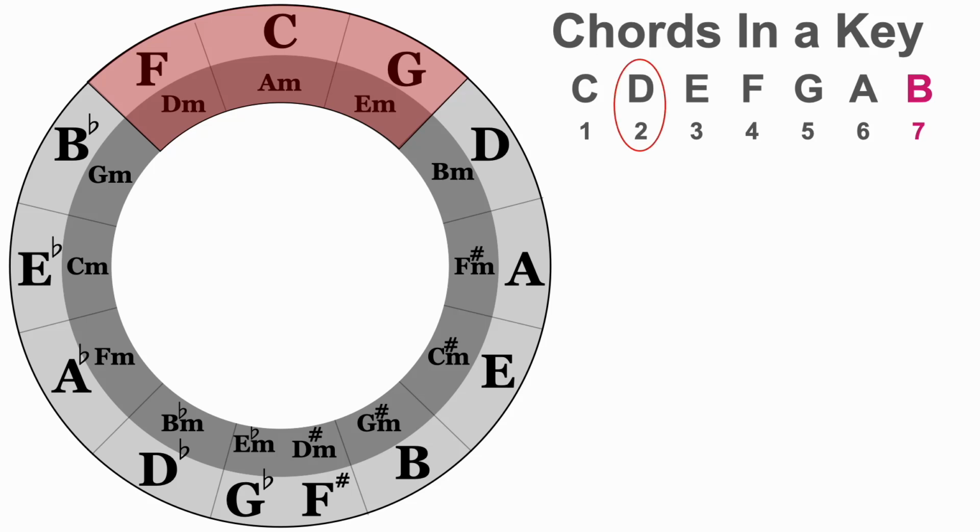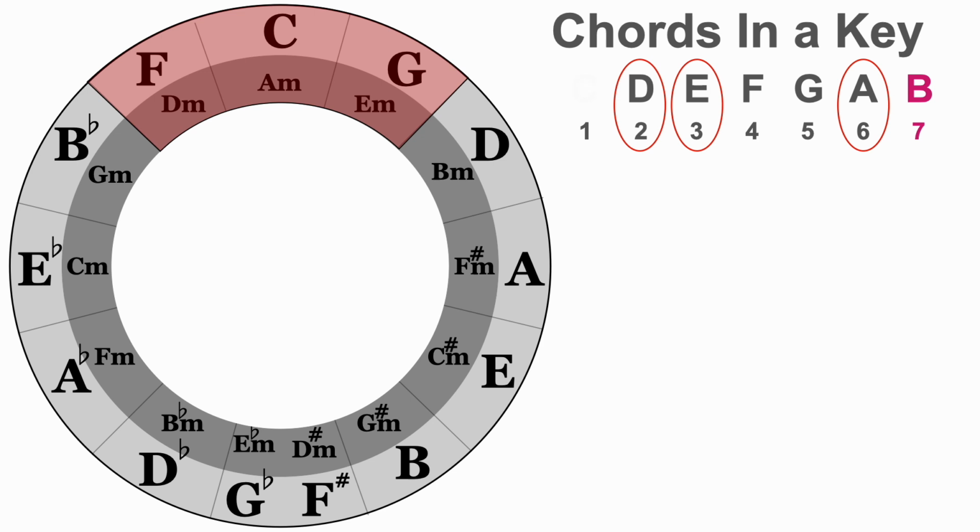Well, if we break that down a little bit further, our D minor is our second chord, our E minor is our third chord, and our A minor is our sixth chord. And what this means is in every major key, no matter what major key it is, the second, third, and sixth chord are always going to be minor.